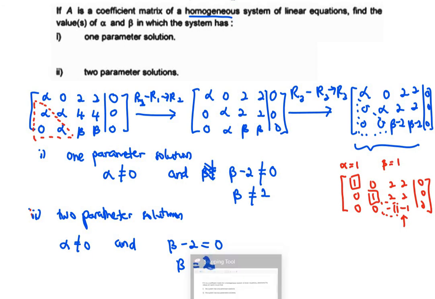Also, when you substitute the value of beta equal to 2, you can see that you have 0 and 0 here. So that means for two columns we don't have a leading one, so that is where we have a two parameter solution.